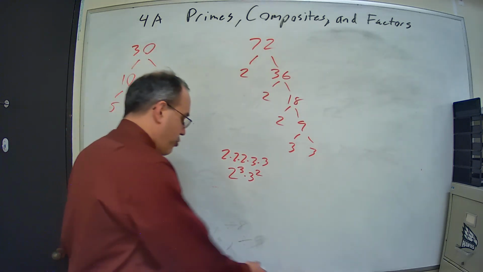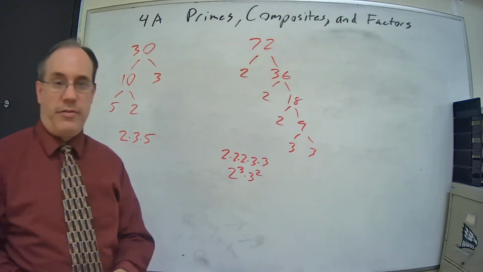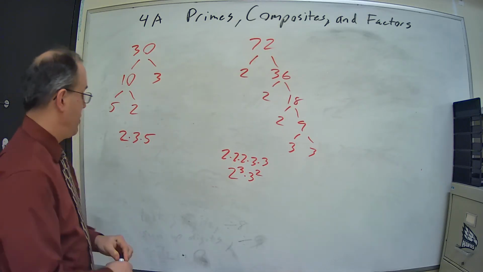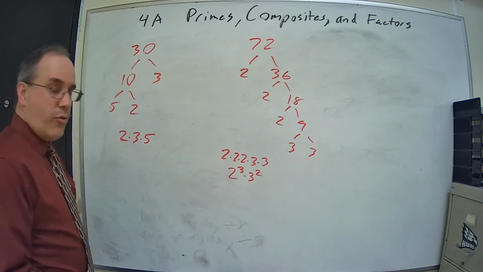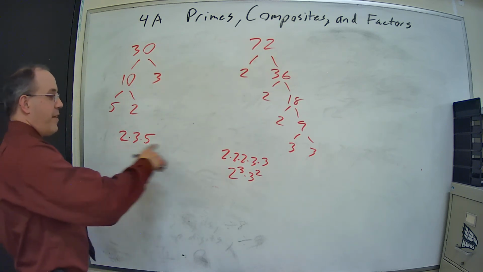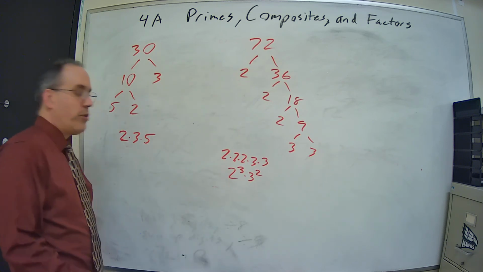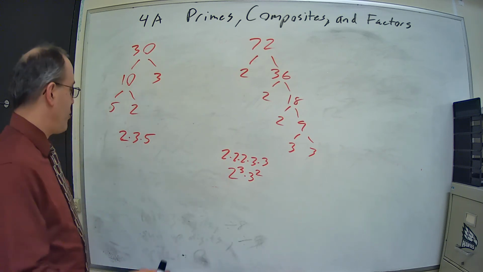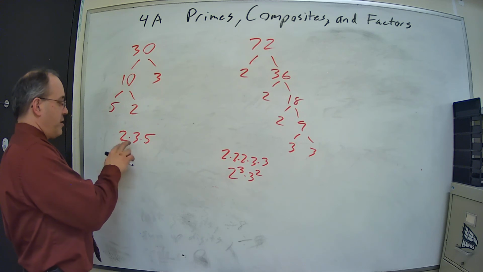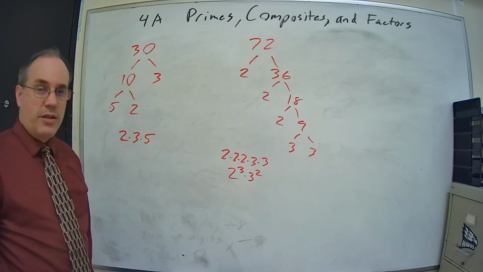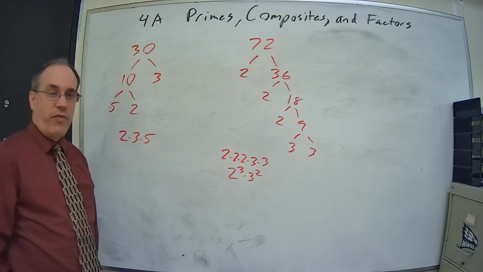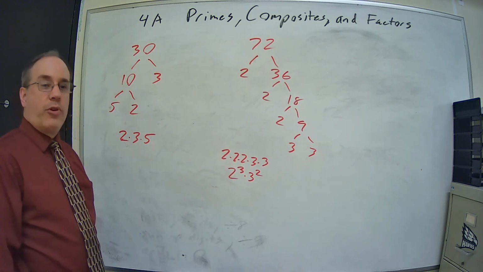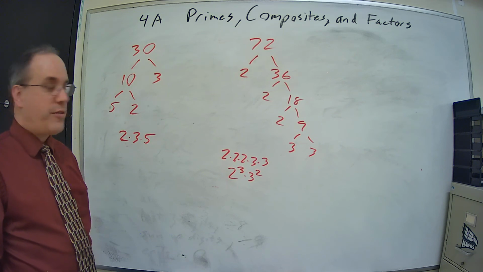We're looking for the greatest common factor of 30 and 72. Well, that means if we're looking at prime factorization, we're looking for the largest number of occurrences of any of the prime numbers that are common between both of them, and that will give us the greatest common factor.